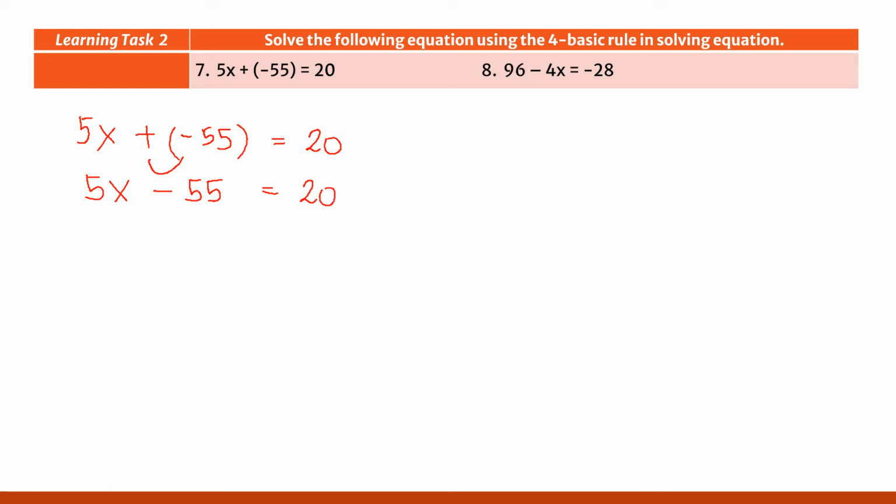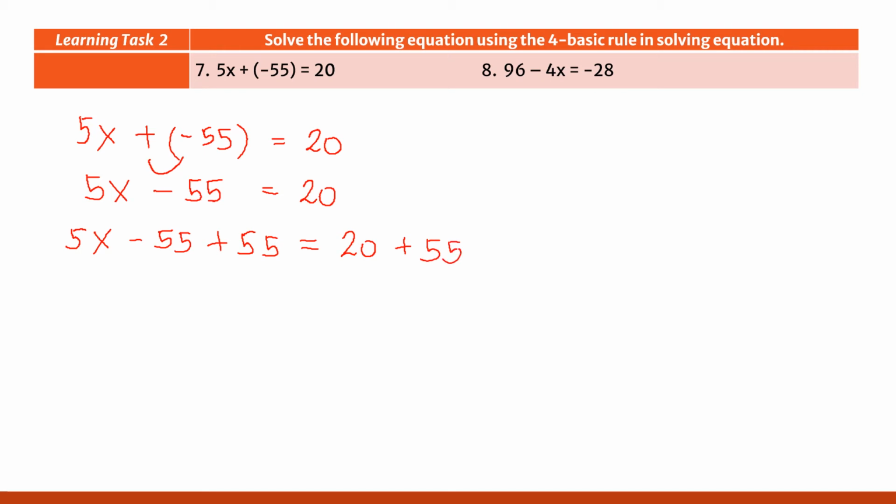Okay? In this equation, meron tayong negative 55. To remove this, apply addition property of equality. So, kung negative 55 yan, mag-a-add tayo ng positive 55. Okay? So, on the other side, mag-a-add ka rin ng positive 55.